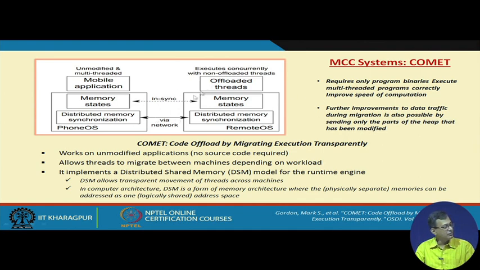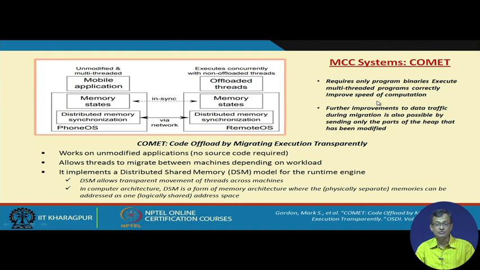It needs to maintain these memory states, and there is distributed memory synchronization, and the code is executed or offloaded by migrating execution transparently. Neither is the source code required, nor does the user know that these things are going on at the back end. It requires only program binaries, right, to execute multi-thread programs correctly.